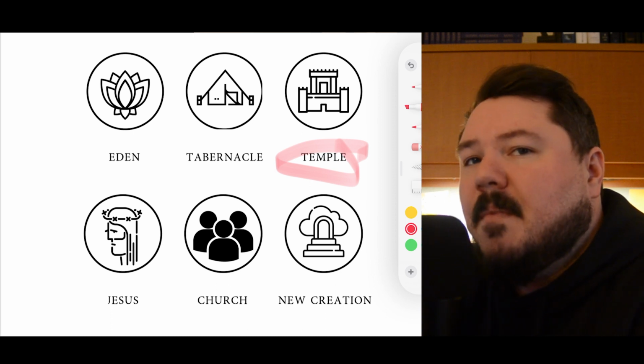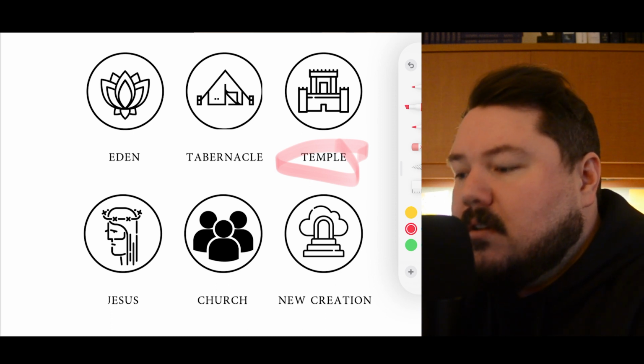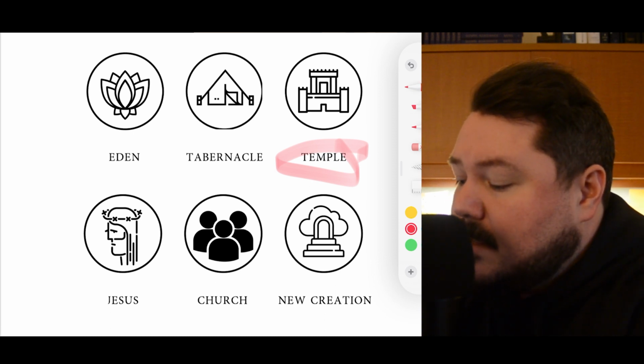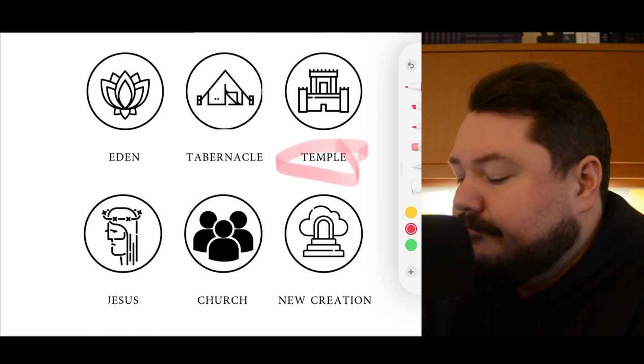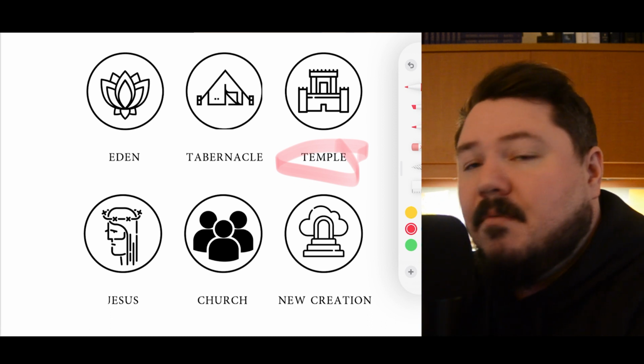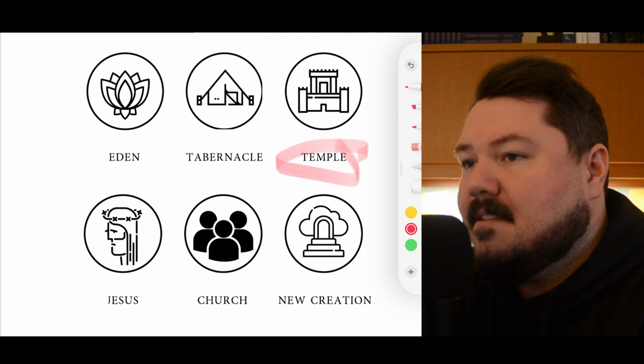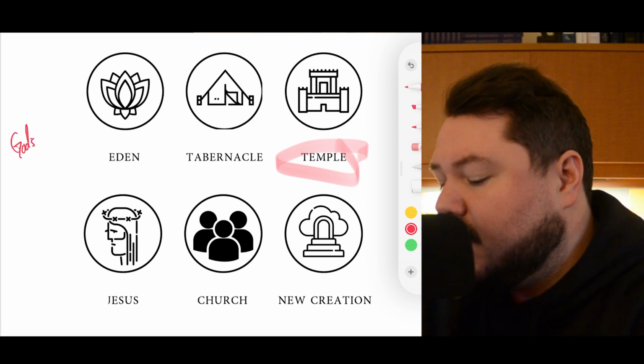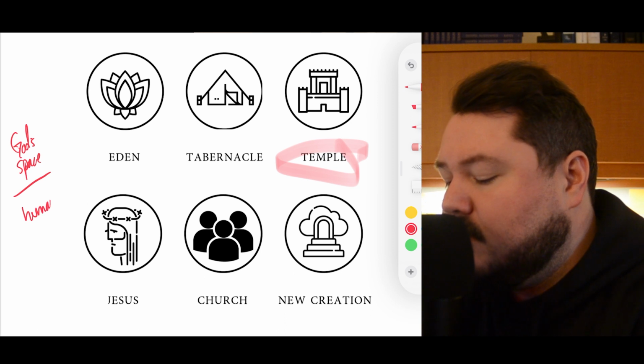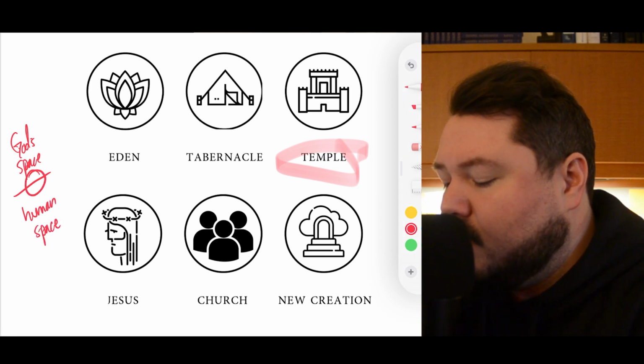So I just want to kind of frame up what the temple is, kind of according to the Bible. And basically what I think we should think of as the temple is a place where God's space and human space overlap.